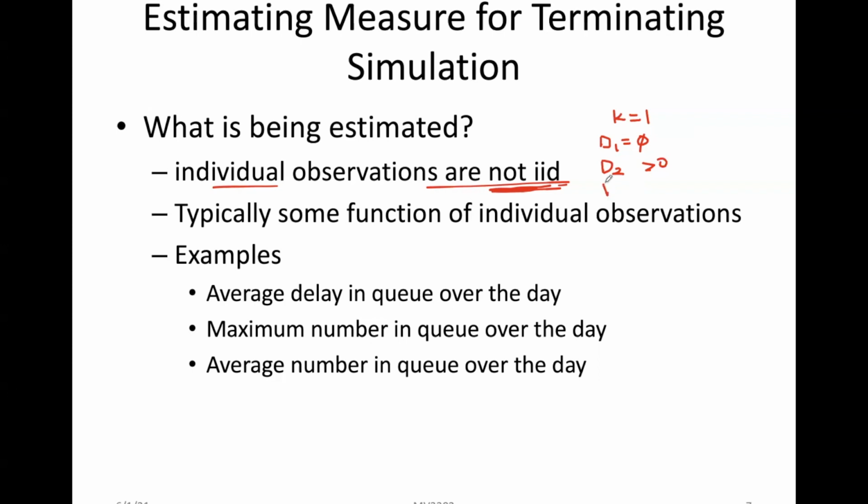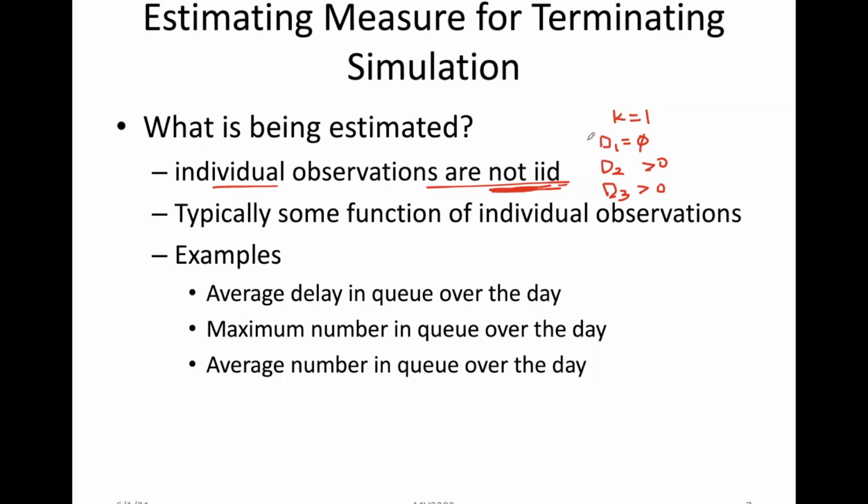But then what about the third guy? Well, he could be 0 too if he comes in after the second guy is finished. But remember, the second guy is kind of waiting for the first guy. And so in general, that third guy is also going to be bigger than 0, but his expected delay in queue is going to be bigger than the second guy's.